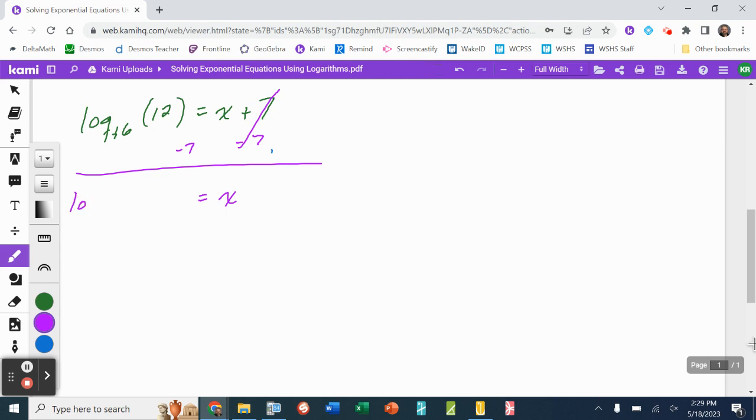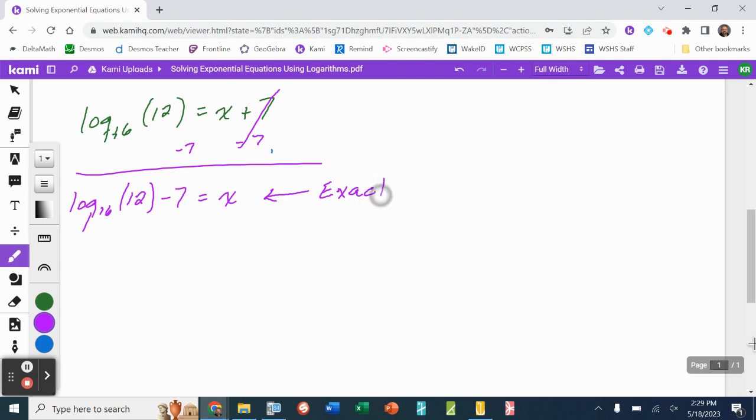I'm going to write that as log base 16 of 12 minus 7. This would be considered our exact answer. If your assignment asks you to write the exact answer to something, this is what we would write.